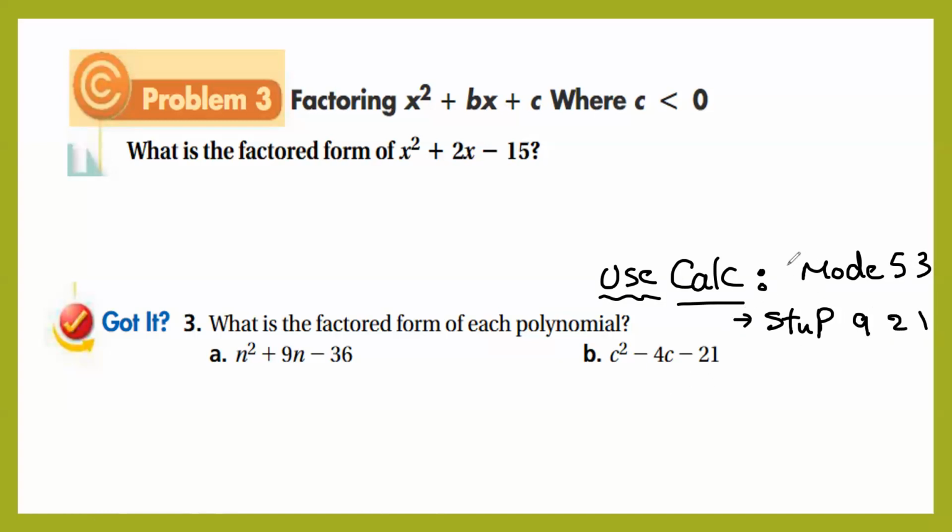This is the white and black, and this is the gray calculator. If you use mode 5-3, you will find three parts. The first part, write the coefficient here 1, the coefficient here -4, the coefficient here -21. Then use equal, you will find the final answer.